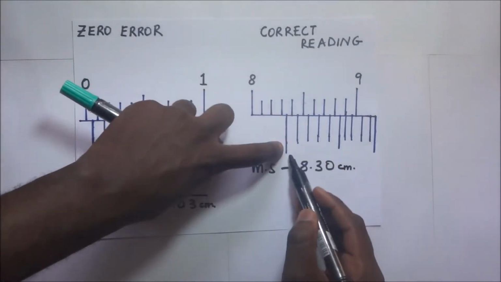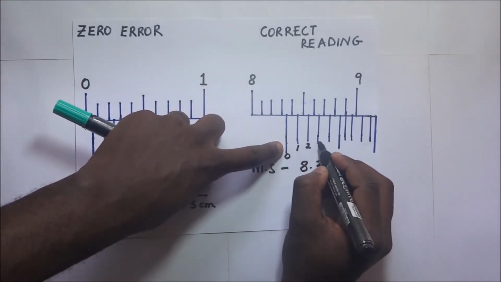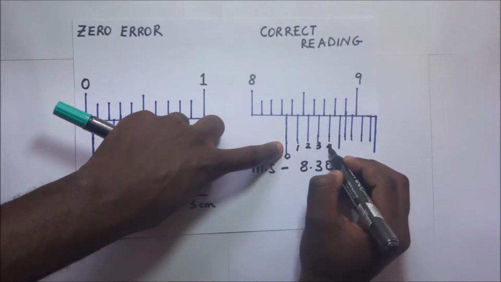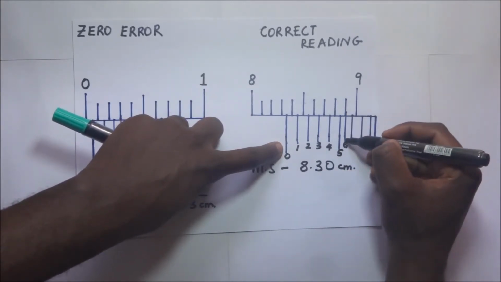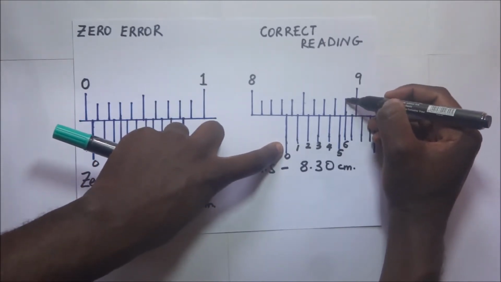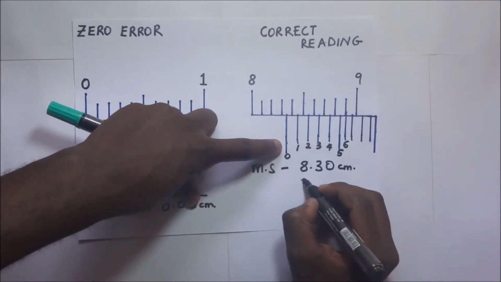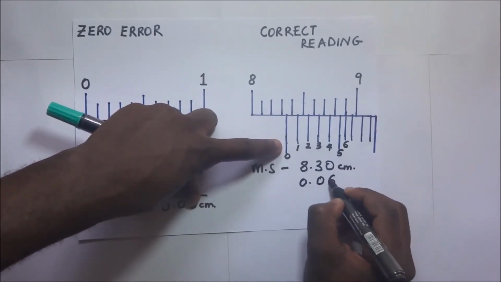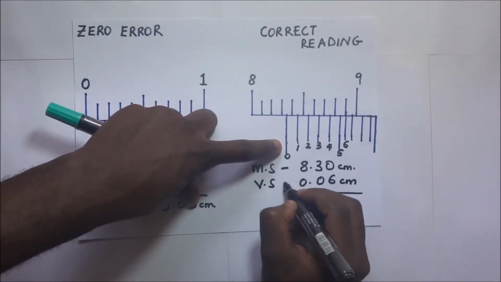We start from the first graduation: 0, 1, 2, 3, 4, 5, 6. It is the sixth one that is coinciding with a mark in the main scale. So it is the sixth one times 0.01, which becomes 0.06 centimeters. This is the vernier scale reading.